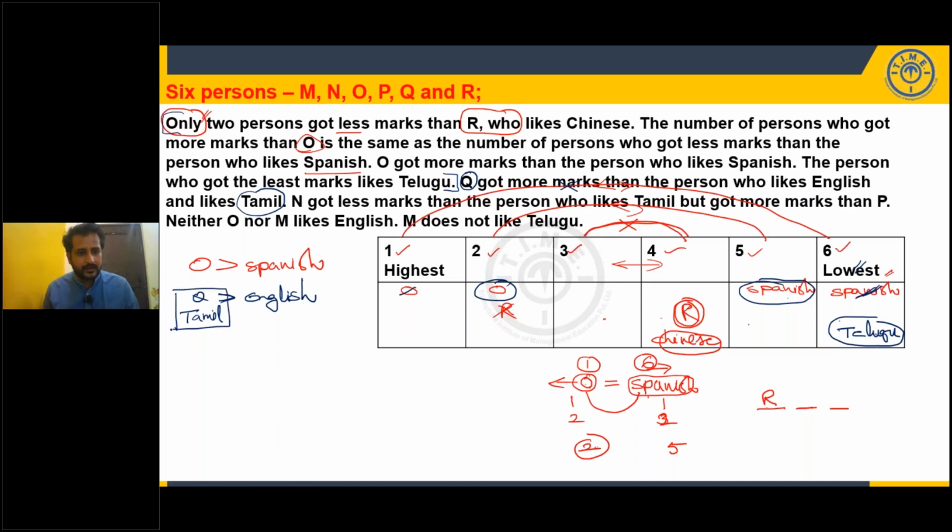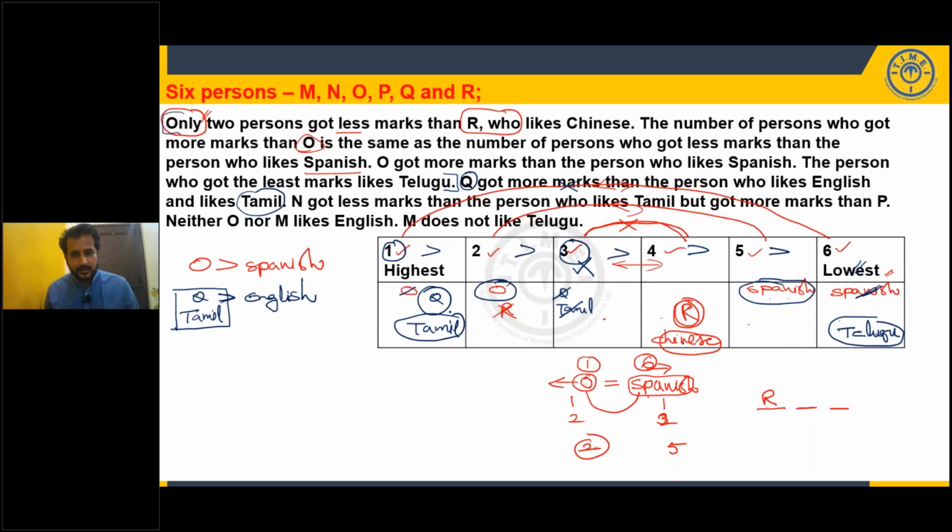These two have to be taken at one position. Where do we have that? Position 1, position 3. But if I take position 3, Q would have to be greater than English, but Chinese, Spanish and Telugu are already fixed below, since this is ordered highest to lowest. So this cannot be Q and Tamil. The only position left is the first position. So Q is here and Tamil is here.